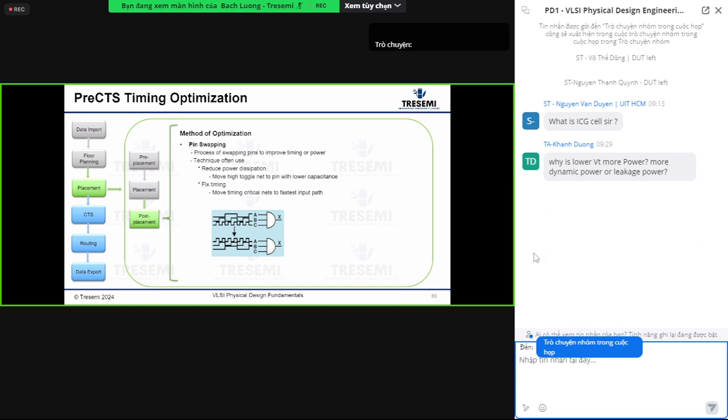The leakage power is not dependent on the switching. The leakage power is pretty much static. So it really impacts the dynamic power.